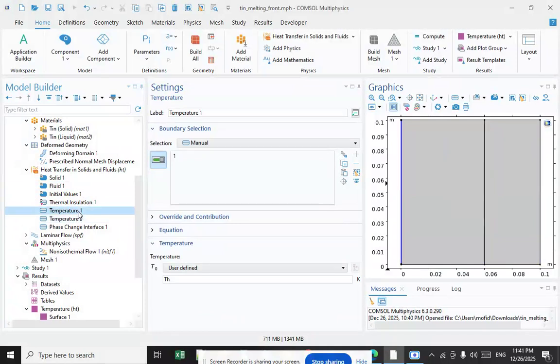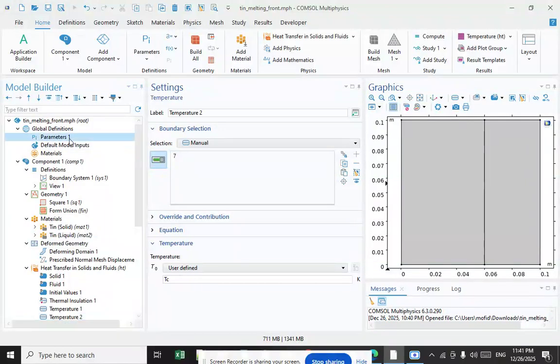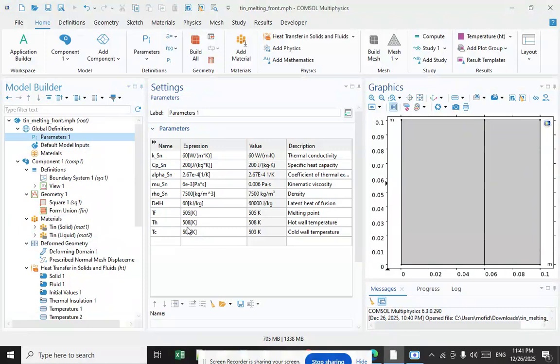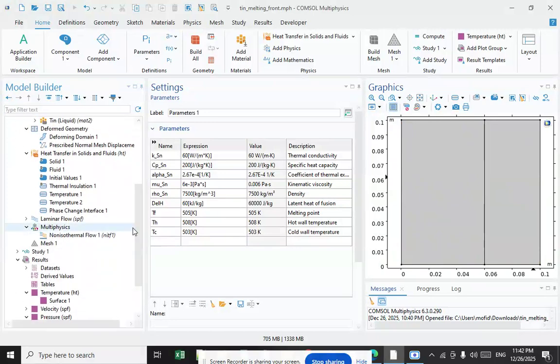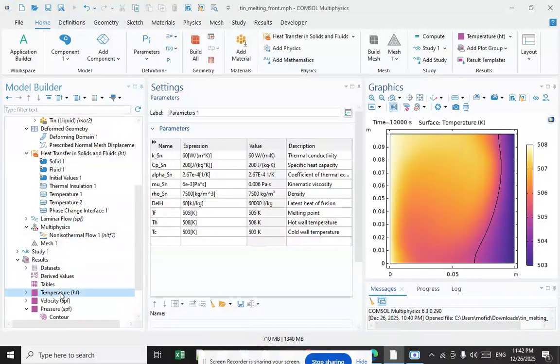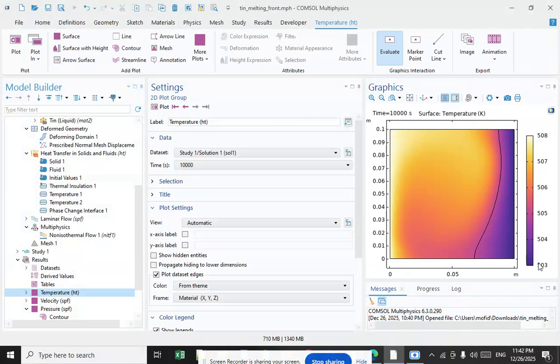You see that temperature 1 is TH and temperature 2 is TC, that we have defined in the parameter table. TH is 508 Kelvin, and TC at the solid side is 503 Kelvin. You see that in the solid side we have a cooler temperature, 503 Kelvin, and here in the liquid or fluid side we have 508 Kelvin.